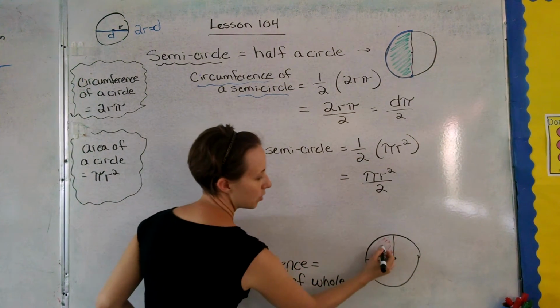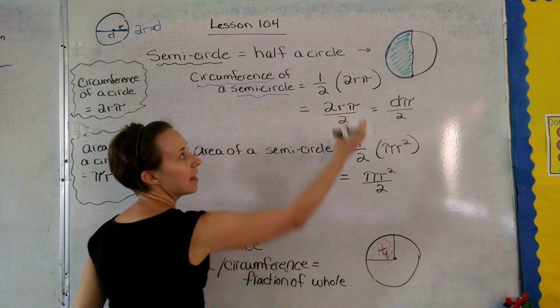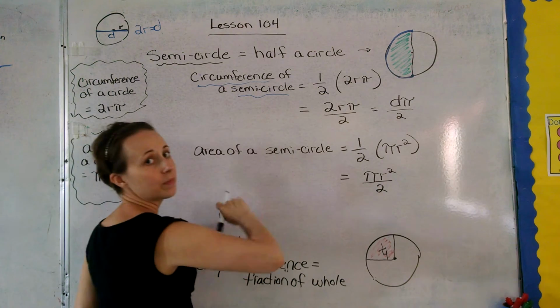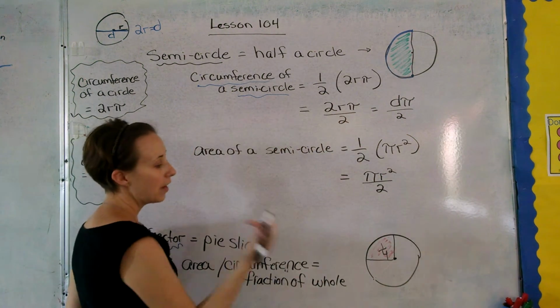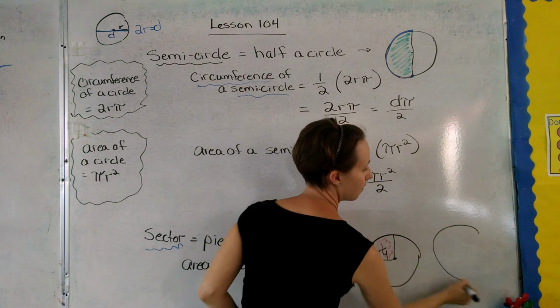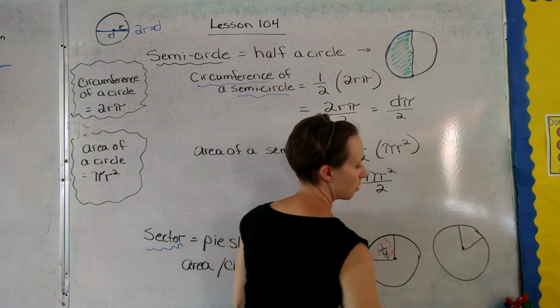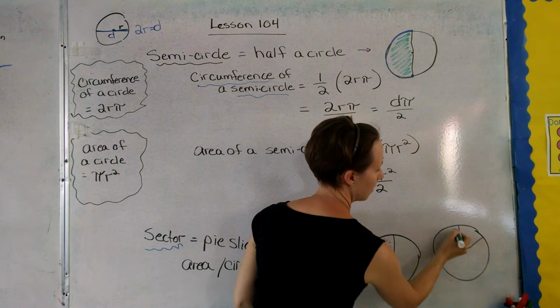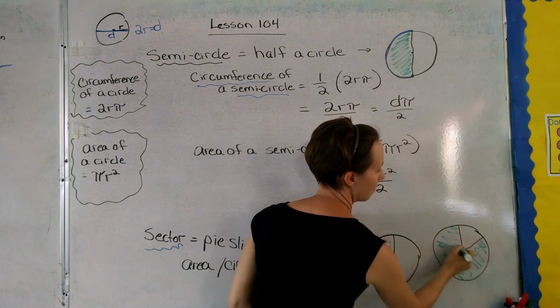Here I have a sector that is equal to 1/4 of my whole circle. A semicircle is a sector that is exactly half of a circle. I could also have a sector that takes up almost all of my circle. This would be a very large sector.